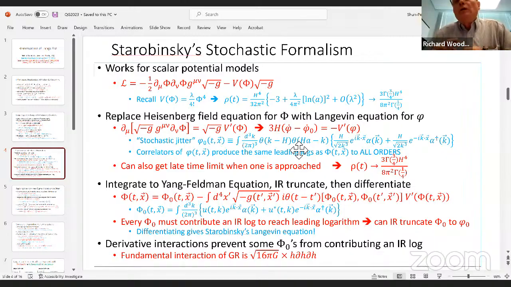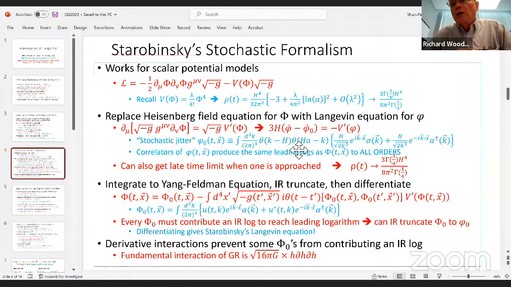Now that's something that you would need this formalism for, because that's where you have derivative interactions, and there you would need to use the techniques that I told you about in today's talk. So I think that would be interesting. And the literature on this is a little bit peculiar. Many people just try and apply the scalar potential formalism to gravity.